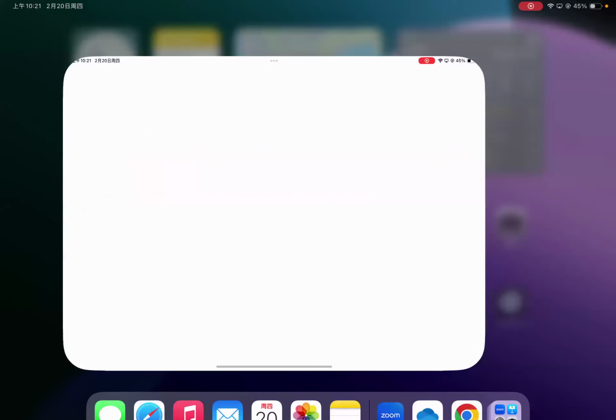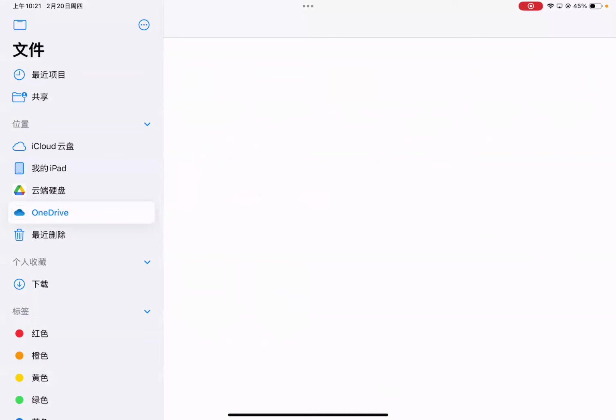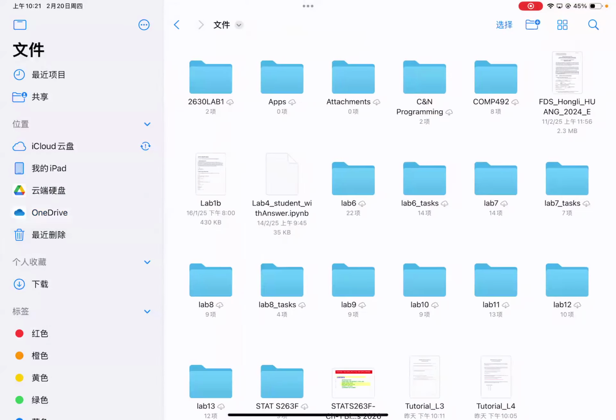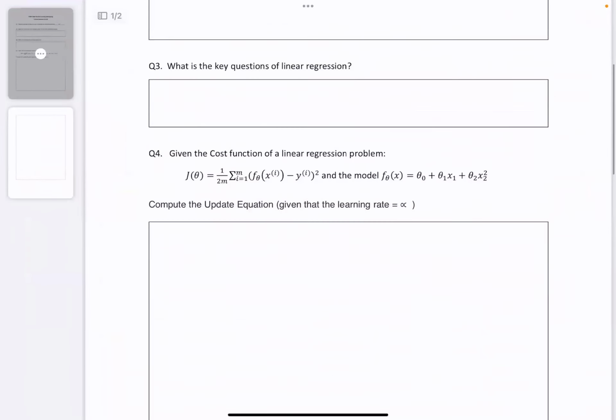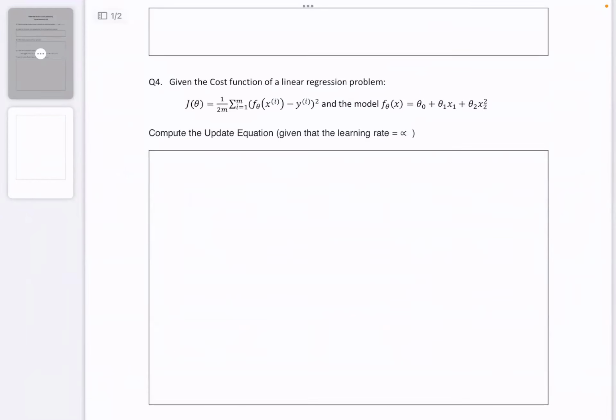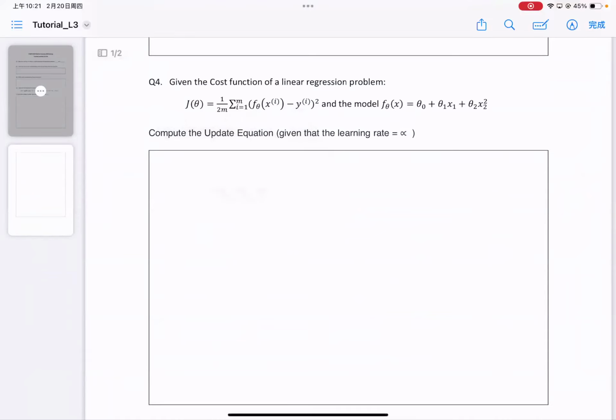Okay, today we are going to do this kind of calculation together. And I can tell you that this kind of question will definitely be examined.